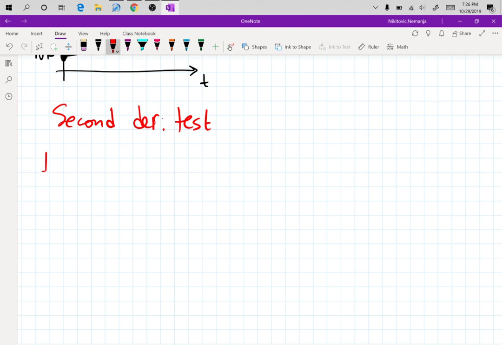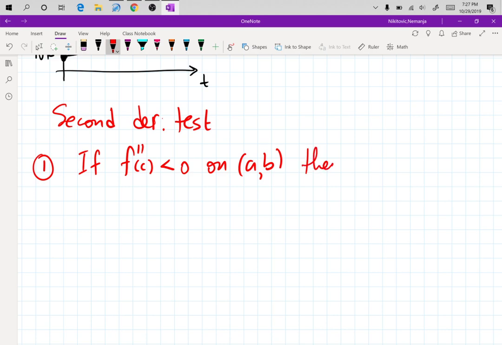Number 1. If f double prime of c is less than 0 on some interval a to b, then f of x is concave down on (a, b).